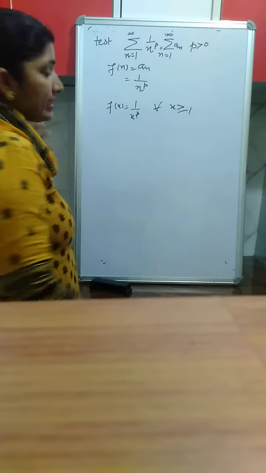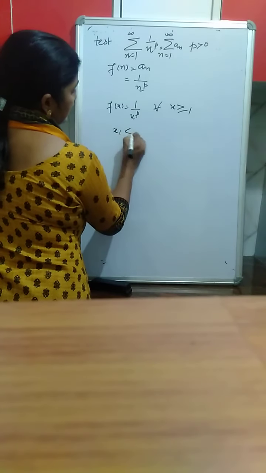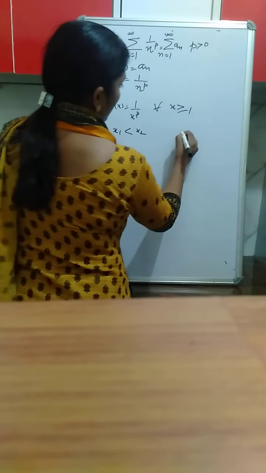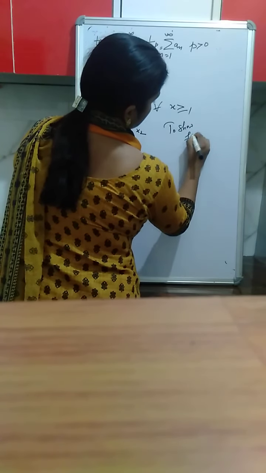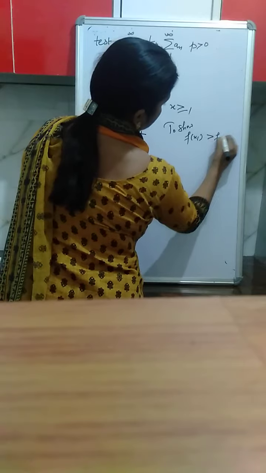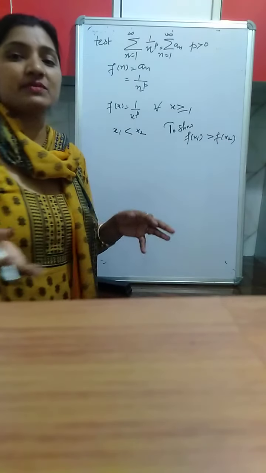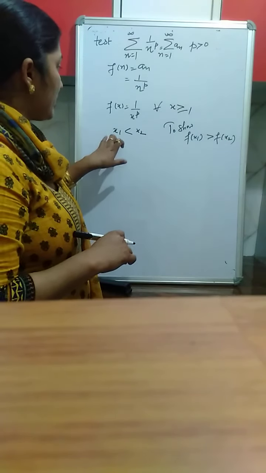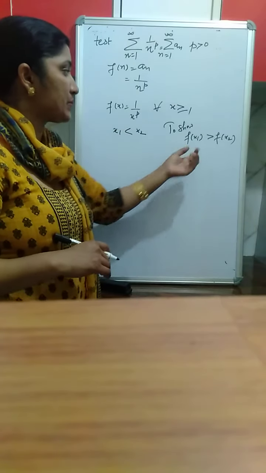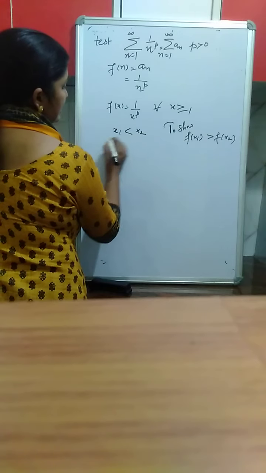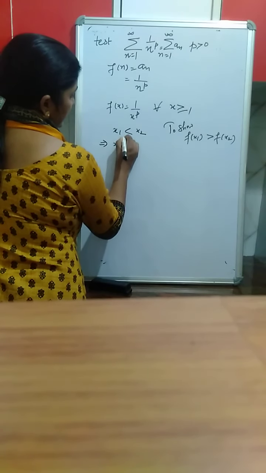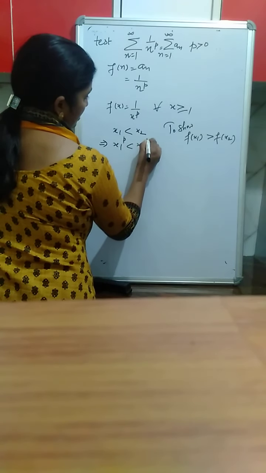How do we check monotonically decreasing? Let x1 be less than x2. We will show f of x1 is greater than f of x2. To check whether f is monotonically increasing or decreasing, we let x1 be less than x2 and show f of x1 is greater than f of x2. So x1 is less than x2 implies x1 raised to the power p is less than x2 raised to the power p.